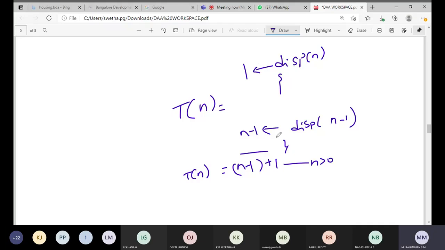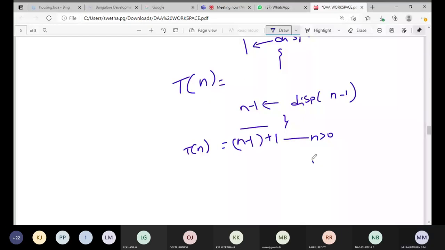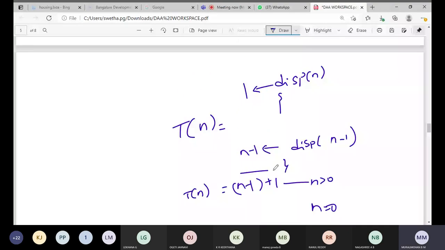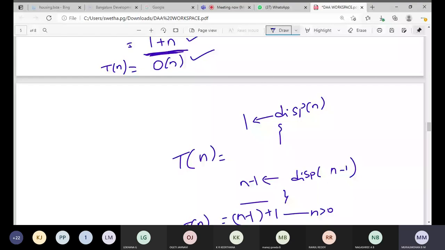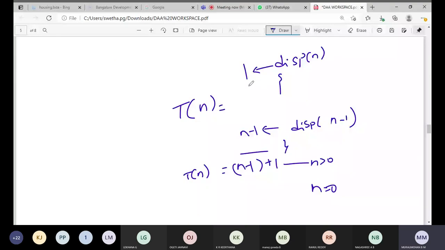Yes, sir. If n is equal to 0, then this will not call this one, right? So it will call only 1 time. While analyzing this time complexity, we will not take it as 0, so we will take some constant value.